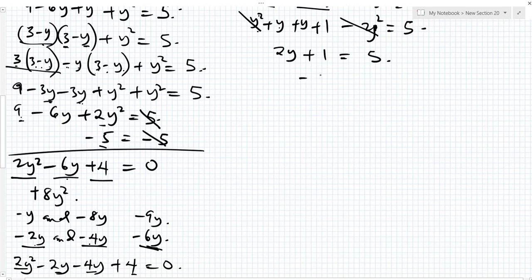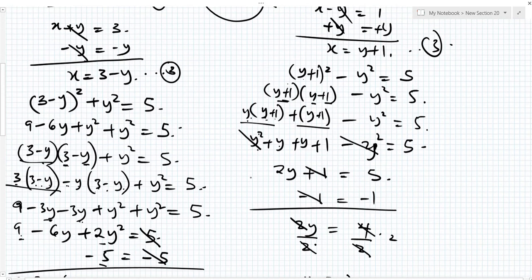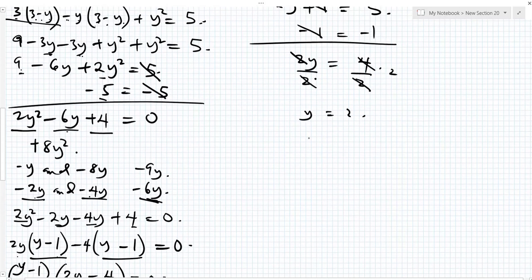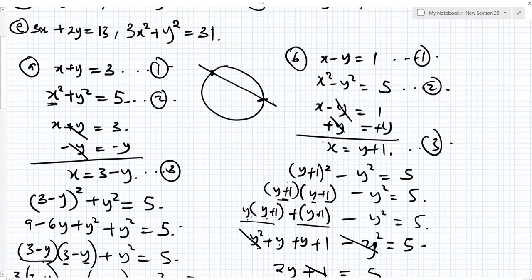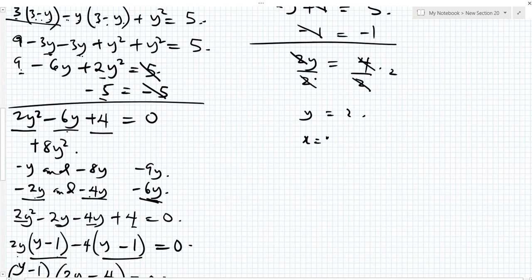Now if you add minus 1 to both sides, this one will cancel out this. You have 2y equal to 4, because 5 minus 1 is 4. If you divide all through by 2, this will cancel out this, and this gives you 2. So y is equal to 2. Now if you substitute y equal to 2 into equation 3, x will be equal to y plus 1.